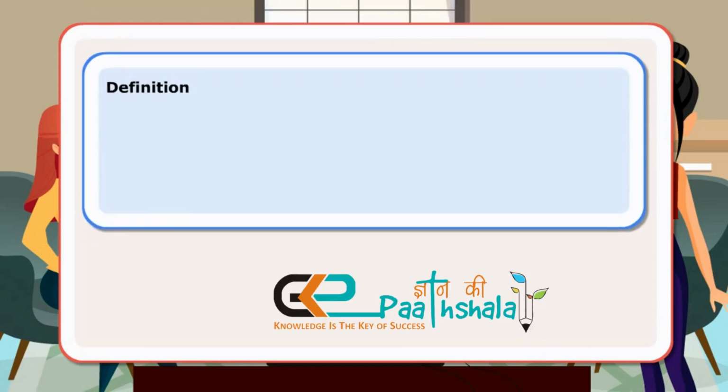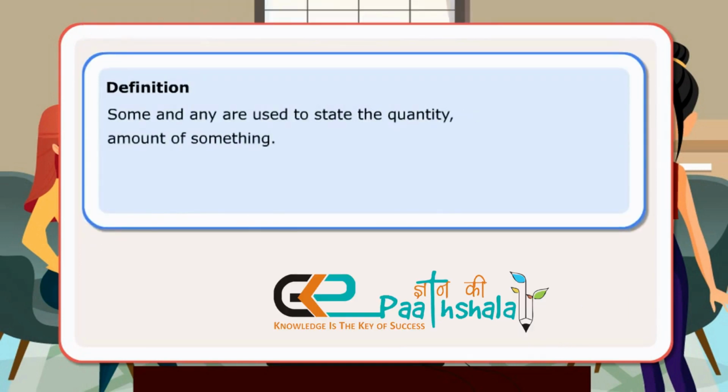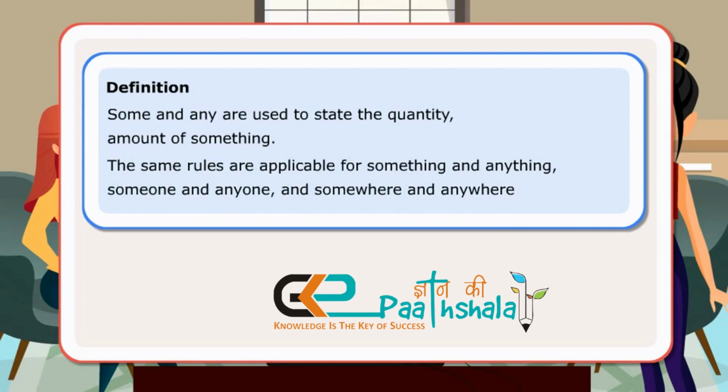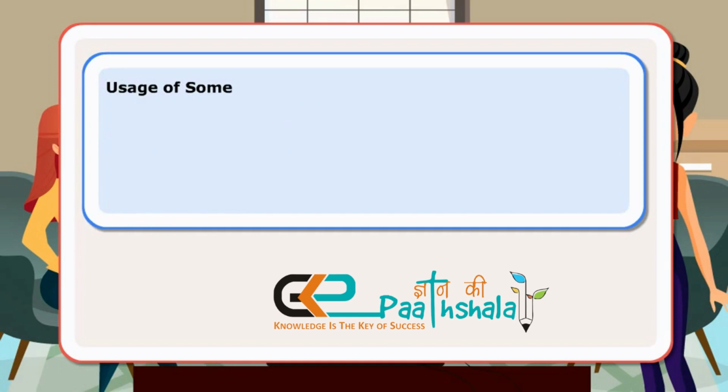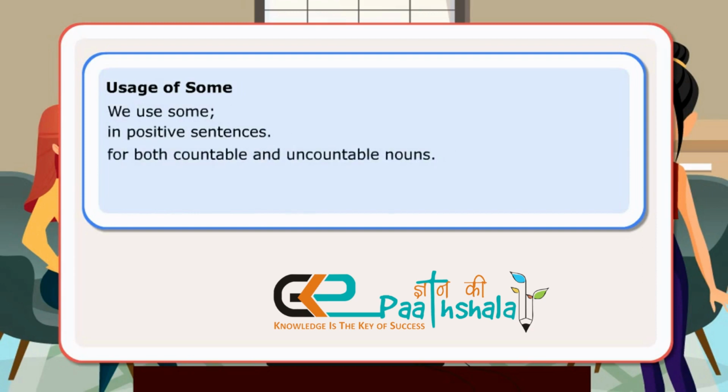Definition. Some and any are used to state the quantity, amount of something. The same rules are applicable for something and anything, someone and anyone, and somewhere and anywhere. Usage of some. We use some in positive sentences for both countable and uncountable nouns.